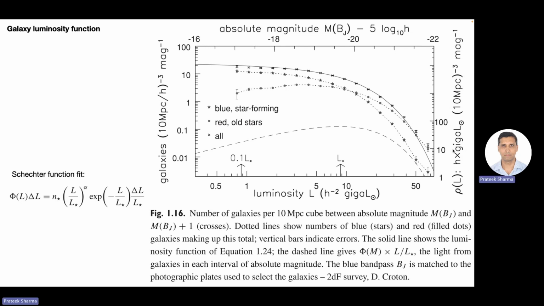So the thing to note is that most of the light is actually dominated by L star galaxies. You can see if you just take equal sized bins here. So this is a log plot. Log numbers, log luminosity. The area under the dashed curve is dominated around L star. L star is this cutoff where the exponential takes over, whereas the numbers are dominated by low mass galaxies.